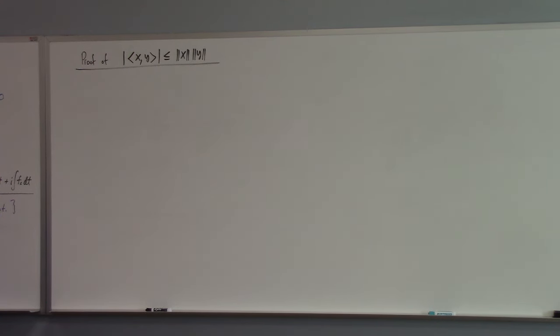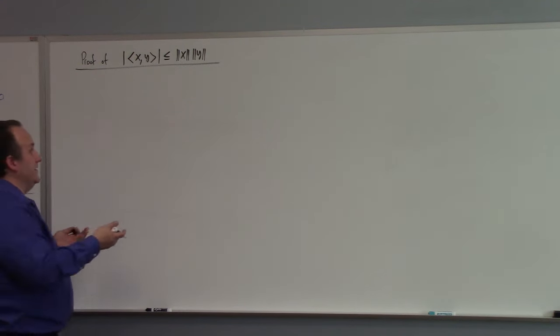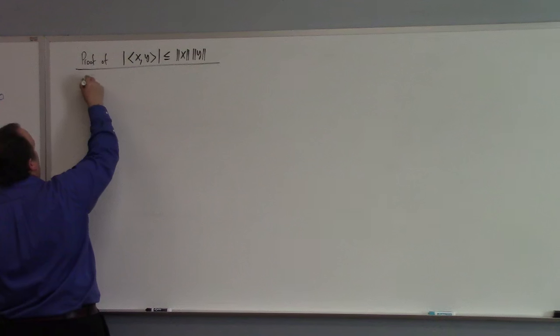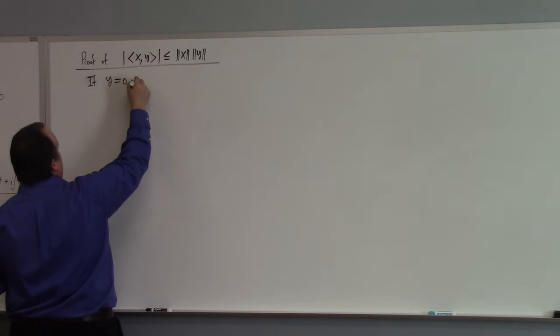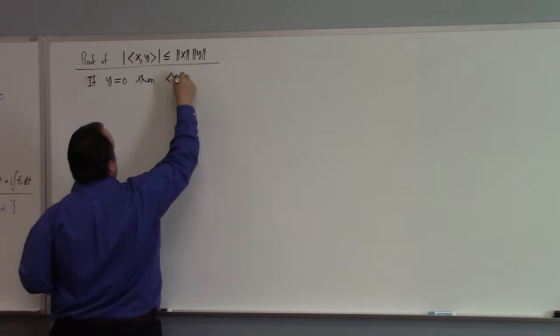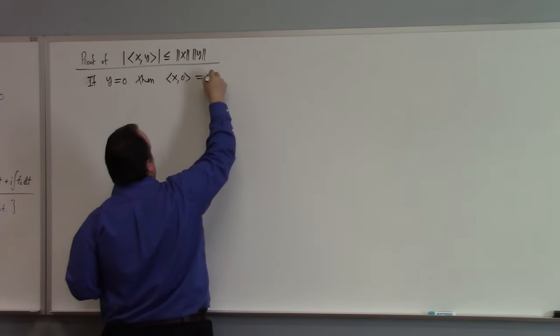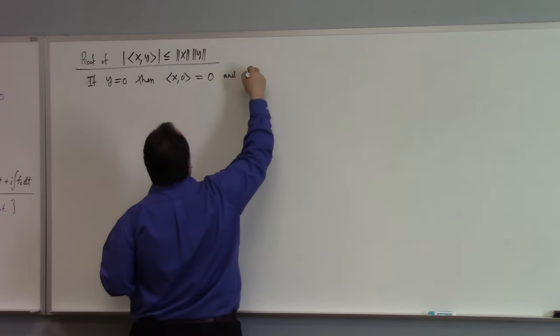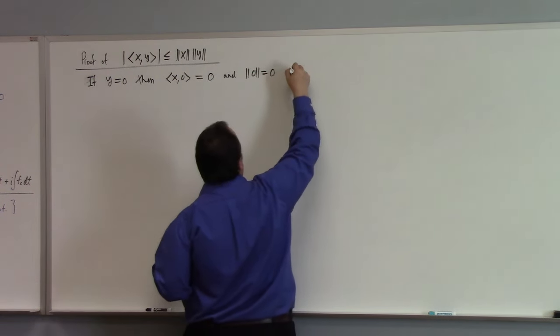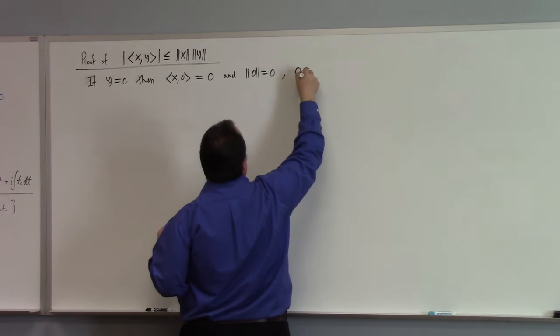If y equals 0, it's clear that the inequality holds. Then x with 0 equals 0, and the norm of 0 is equal to 0, so it works. 0 equals 0, we're done.